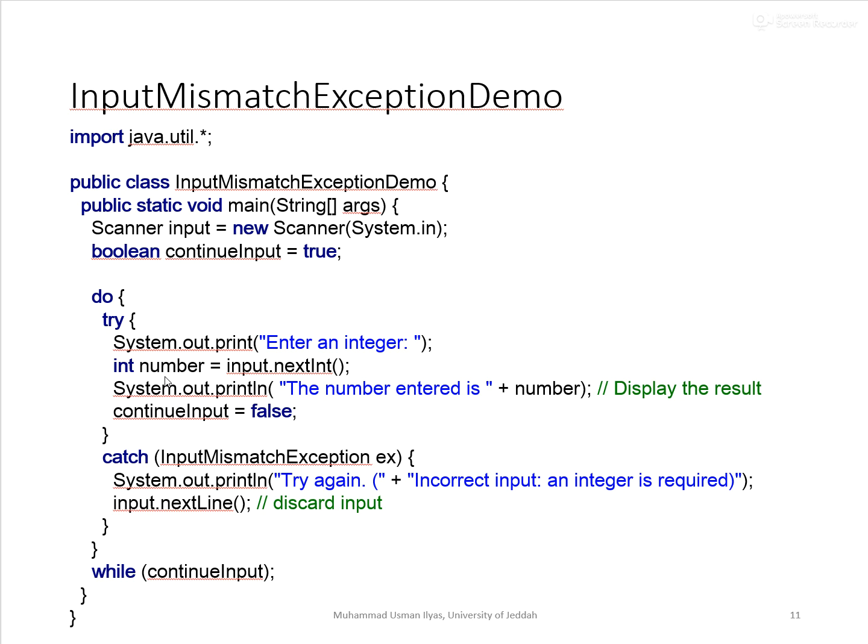Now, the user can type in anything, text, a non-integer number. For this example, all of those qualify as invalid inputs. We have a mismatch between the type of input that we're expecting over here and the type that the user might give.